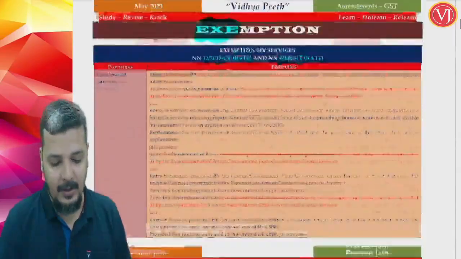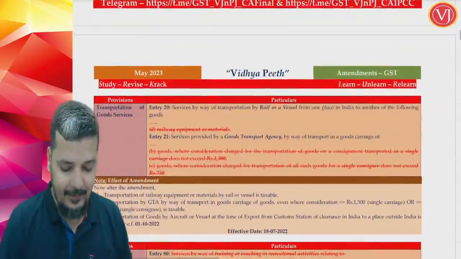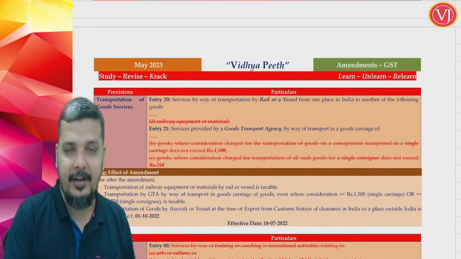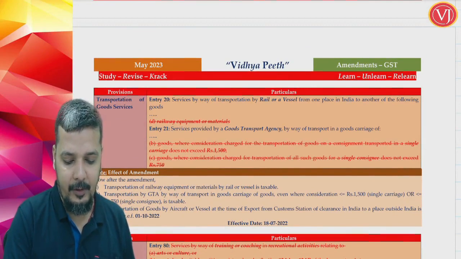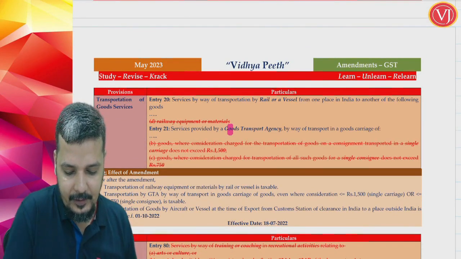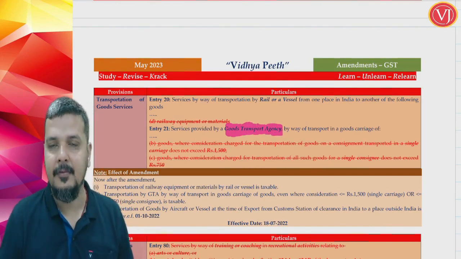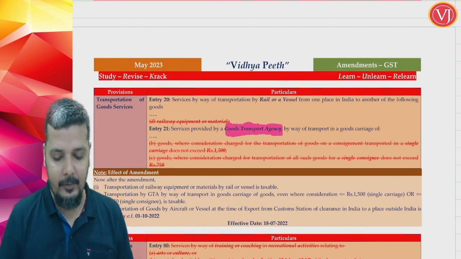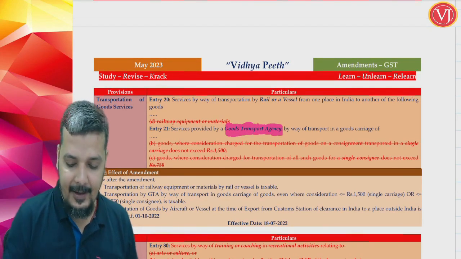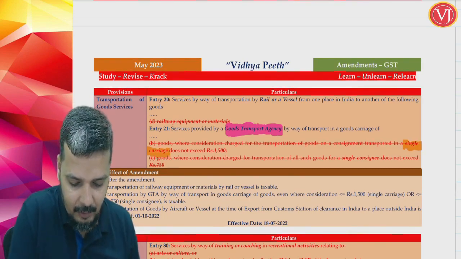If you see your exemption entry with respect to GTA, what have they amended? They have said that entry number 21 has been amended. When you're talking about service provided by your goods transport agency in entry 21 by way of goods carriage, for the exemption based on value, if it is the entire carriage, the exemption was 1500.